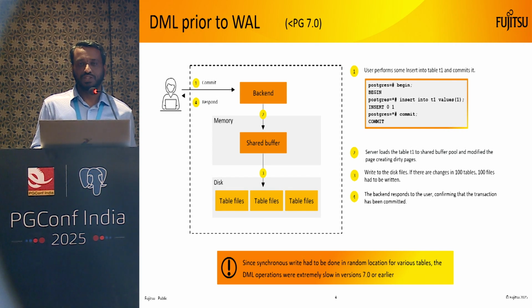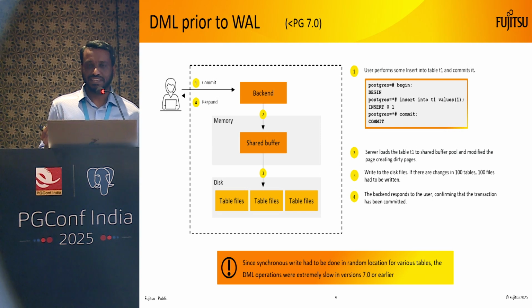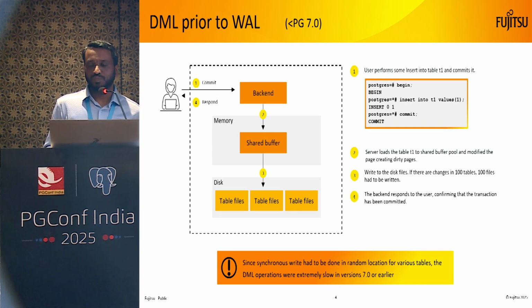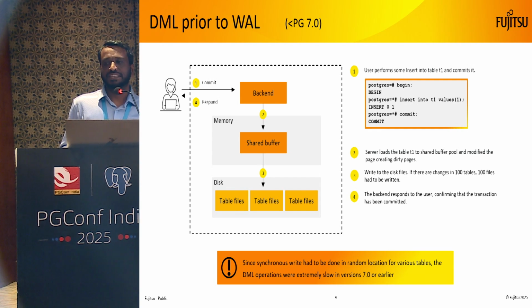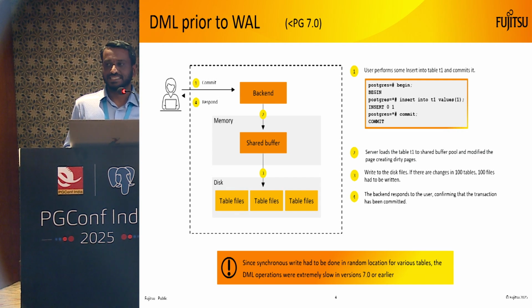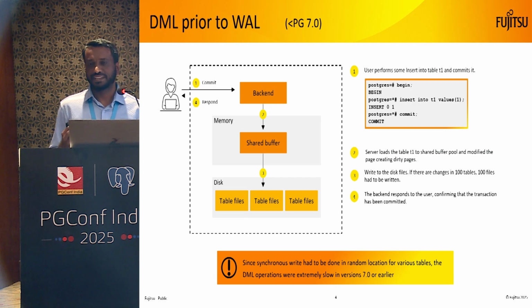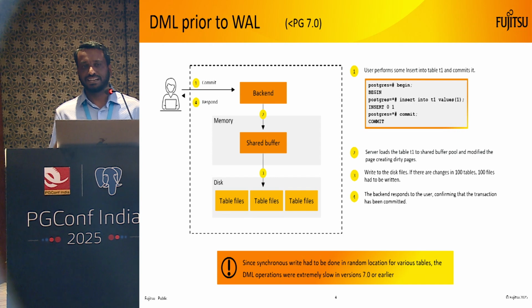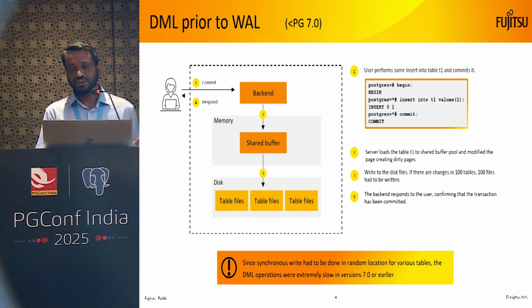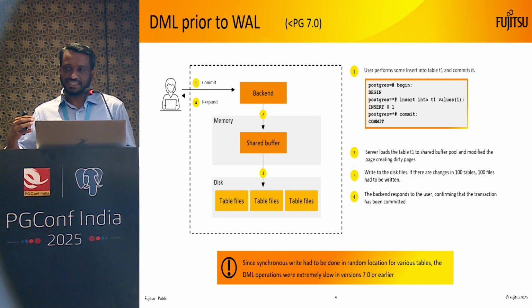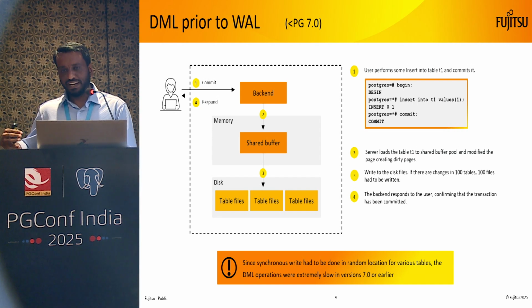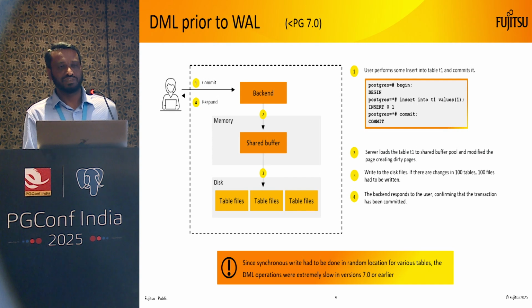Consider we do some insert, update or delete. We will have to read this disk file into shared memory and make the changes in the shared memory. And when we do a commit, prior to PG7, we will have to go and write this content to the file, and then commit will finish.